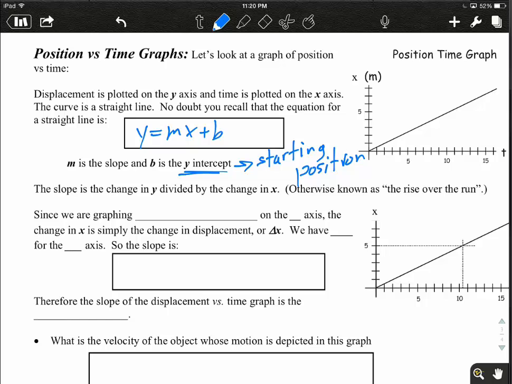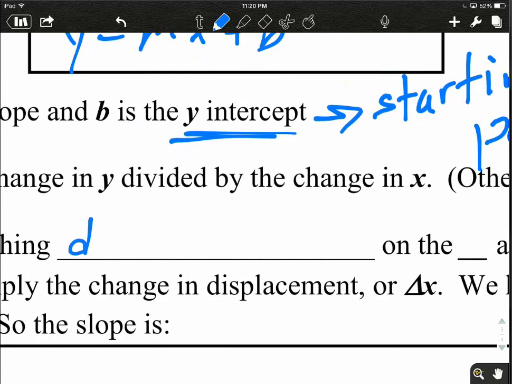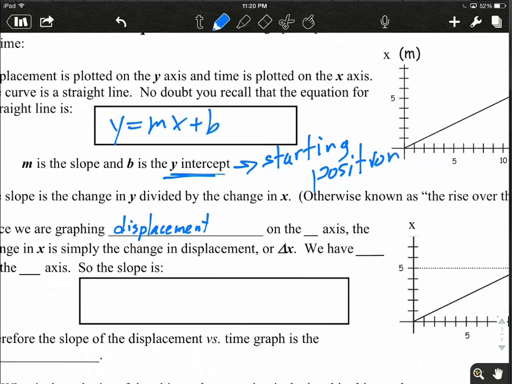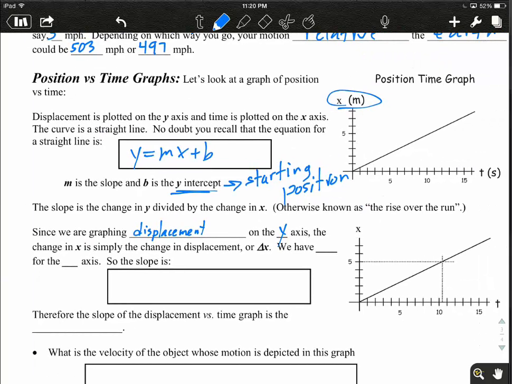So we said that since we are graphing displacement on the y-axis, our change in position in meters, the change in y is simply the change in displacement, or delta x.